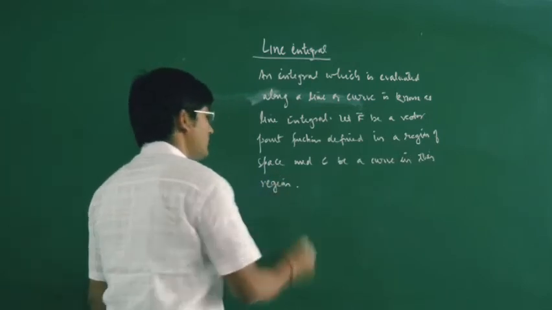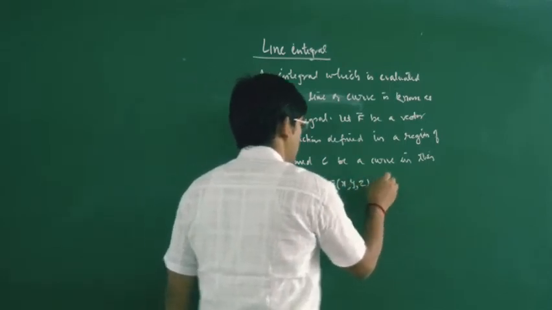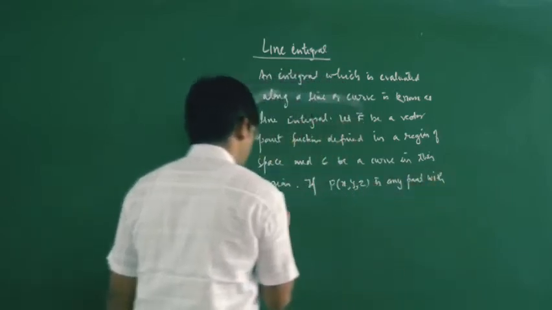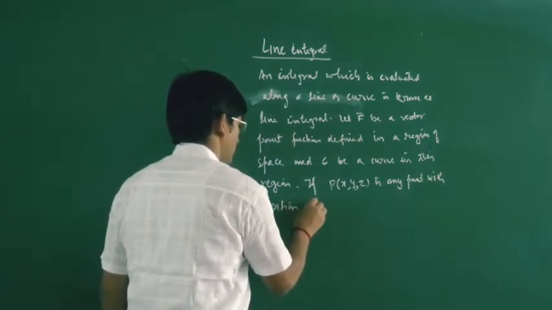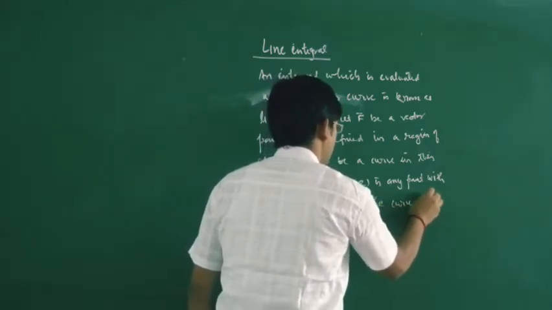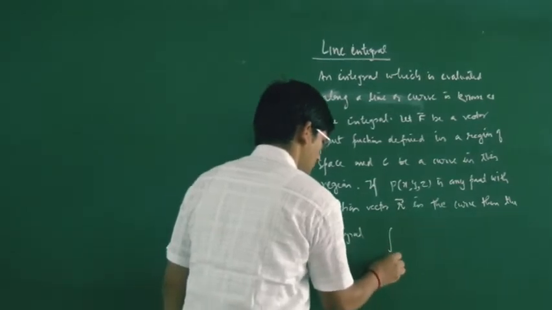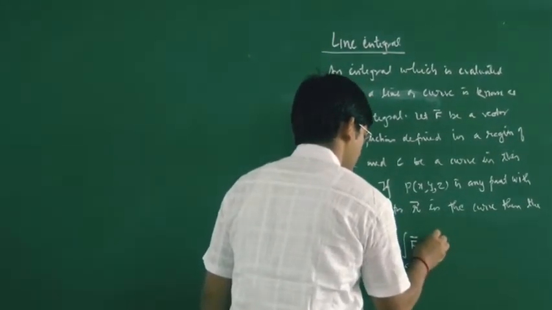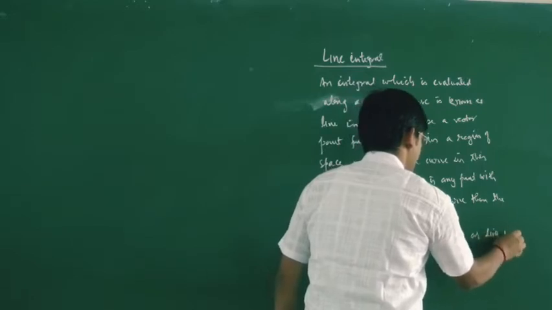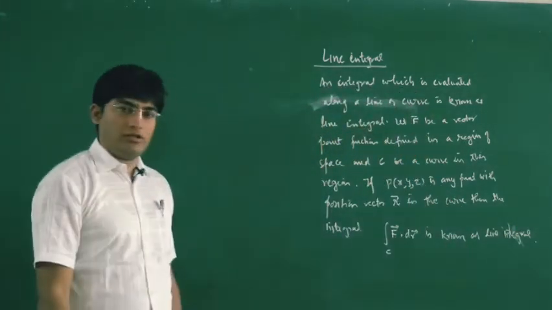Now if P(x, y, z) is any point with position vector r in this region on the curve, then the integral of f dot dr is known as the line integral.